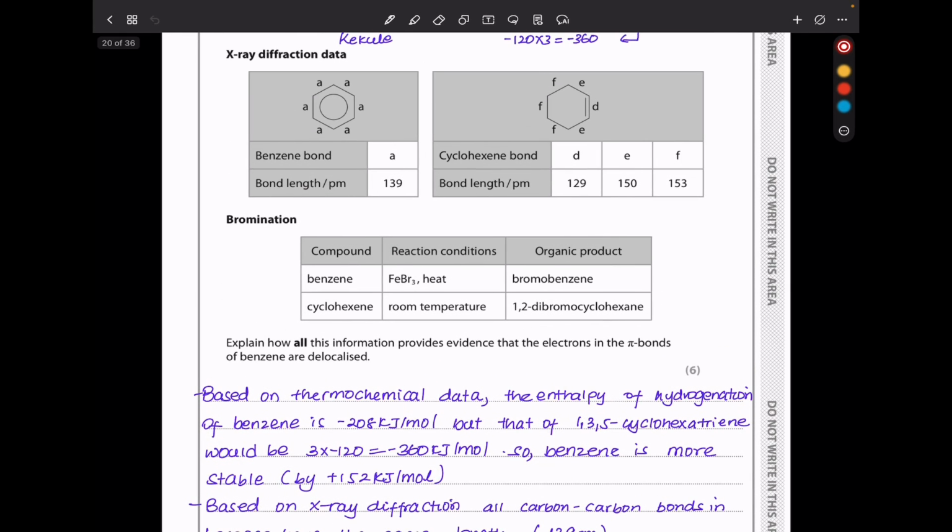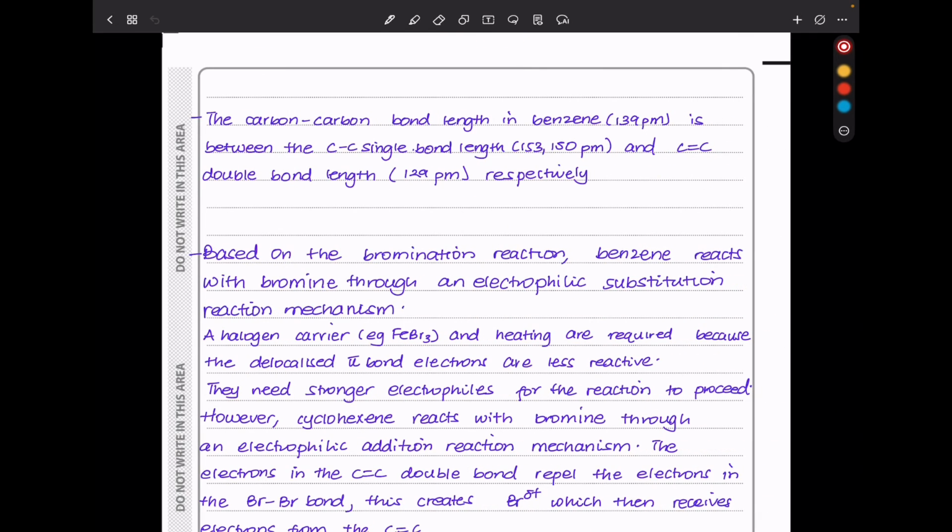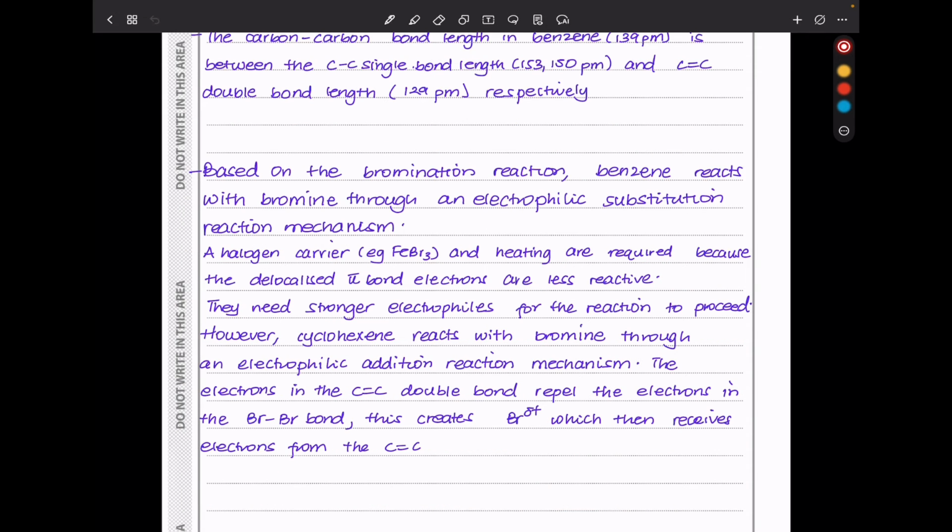I say the carbon-carbon bond length in benzene is 139 pm, which is between the carbon-carbon single bonds and the carbon-carbon double bonds, respectively. Based on the bromination reaction, benzene reacts with bromine through an electrophilic substitution reaction mechanism. A halogen carrier and heating are required because the delocalized pi bond electrons are less reactive. They need stronger electrophiles for the reaction to proceed.